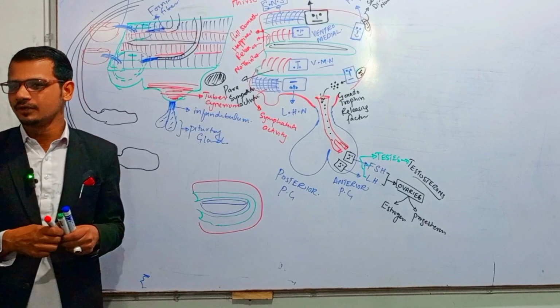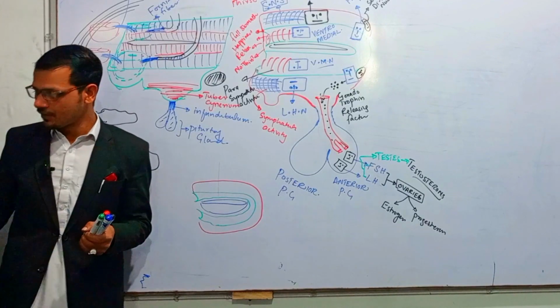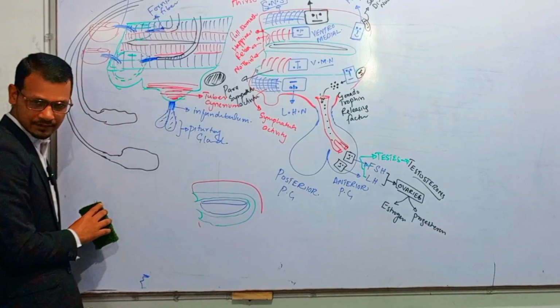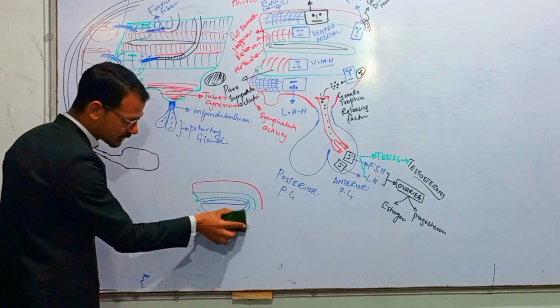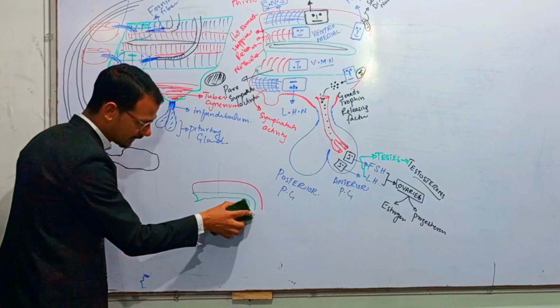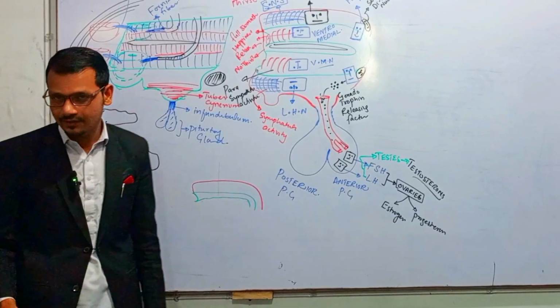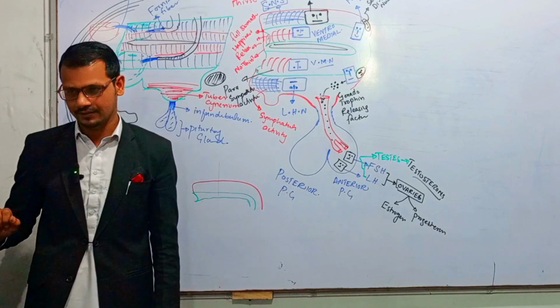If we want to study the cross section of the medial side, first we will remove this lateral side, then we will remove this side, and also this third ventricle, and after removing the third ventricle we will see directly the medial side of the hypothalamus, which is connected with the pituitary gland, right?